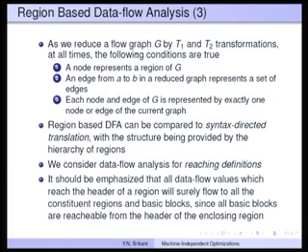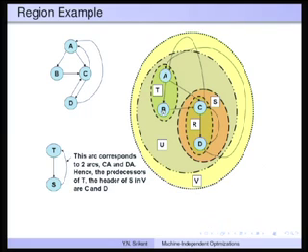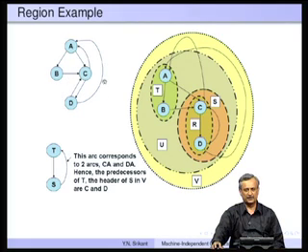So, there are a couple of observations here before we take up an example, but let me show you this structure. So, here is our control flow graph for which we are going to do region based data flow analysis.